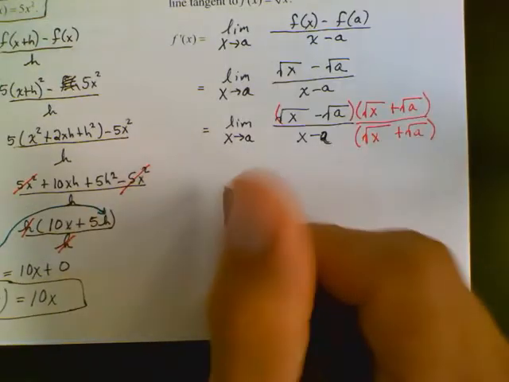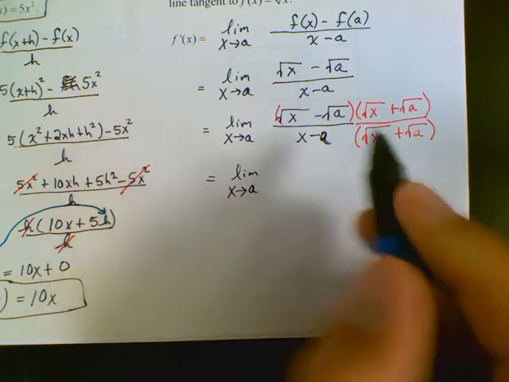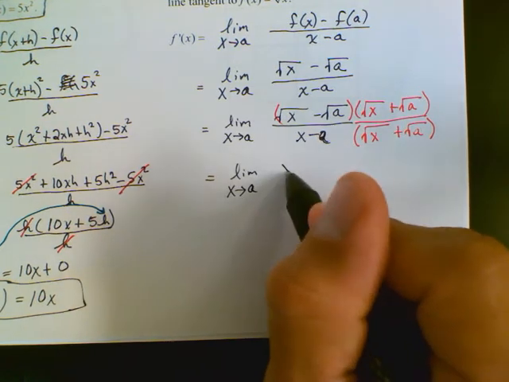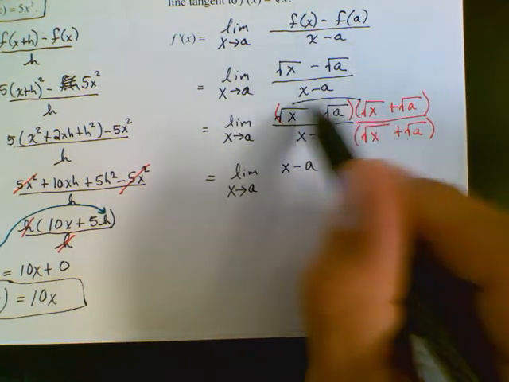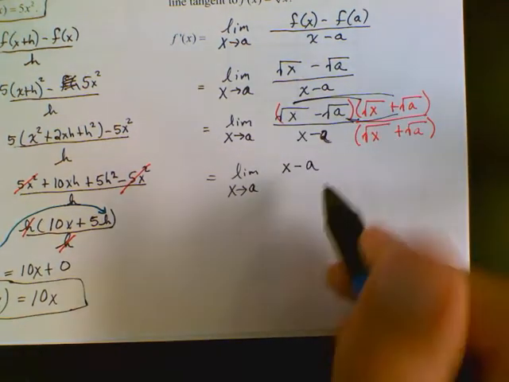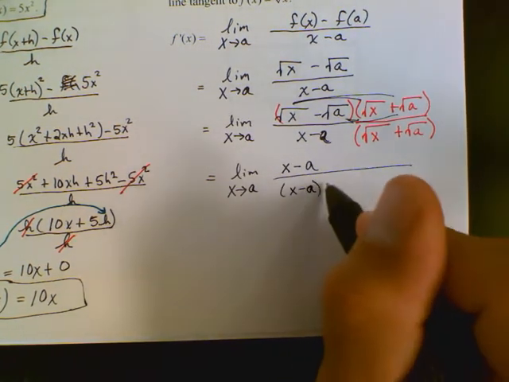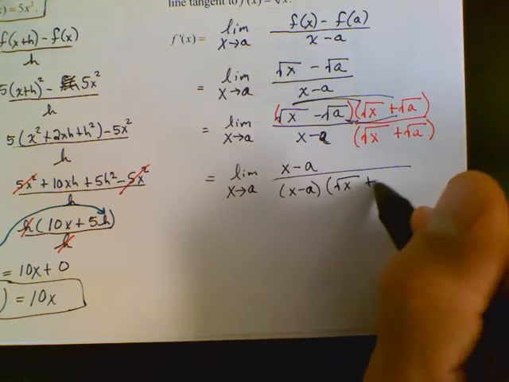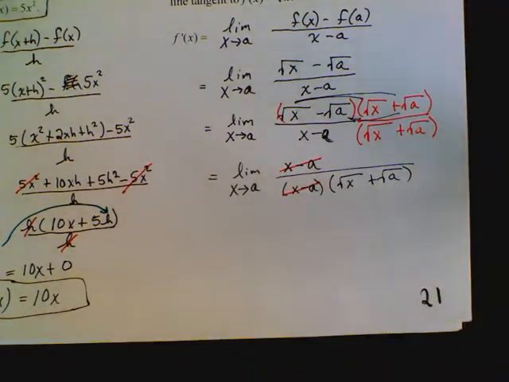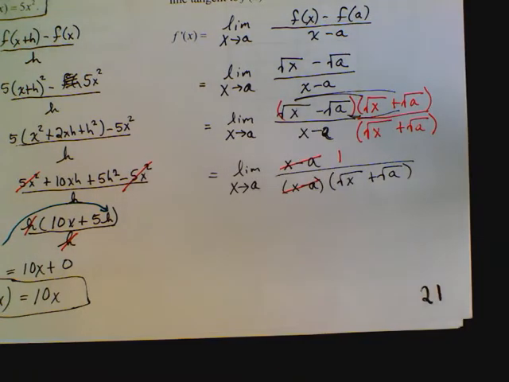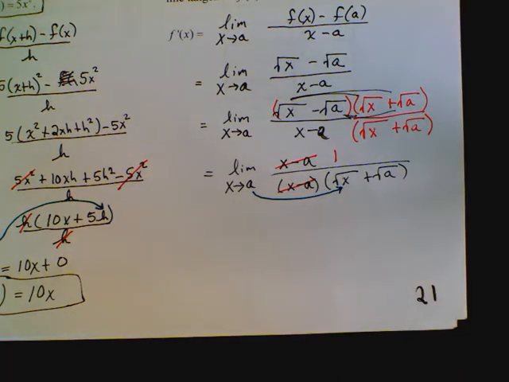So when we multiply that out using the difference of squares factoring technique, I'm just going to get x minus a. Now, there is no shame in foiling this out if you want to, but I'm going to use my difference of squares method there. I have x minus a in the denominator. I also have the square root of x plus the square root of a. And what you'll notice is that the factors of x minus a can cancel out and just leave a 1 in the numerator. Now we can drop in this a.